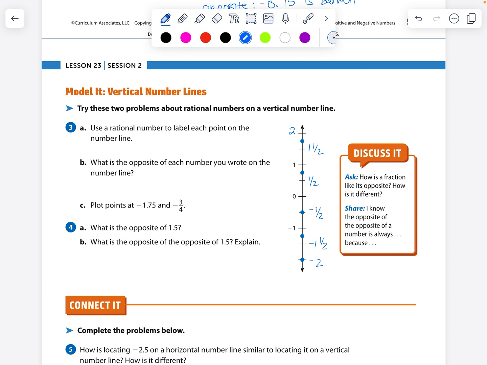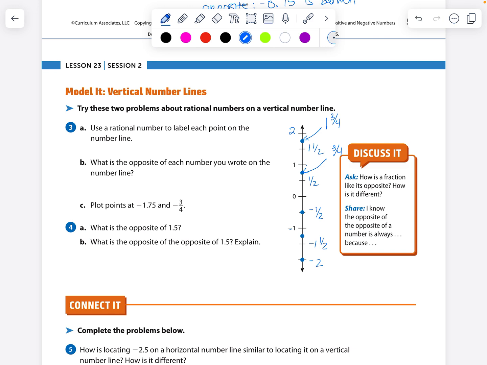All right, so we have to label these. So I have to know that between 1/2 and 1 would be 3/4. Okay, between 1.5 and 2 would be 1 3/4. Down here, that's already -1/2 labeled.